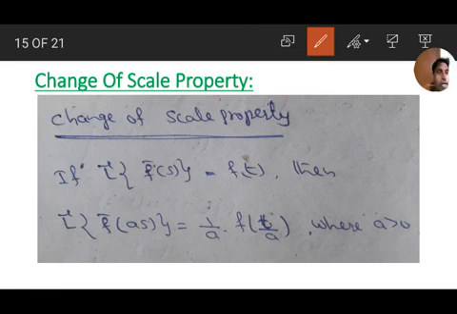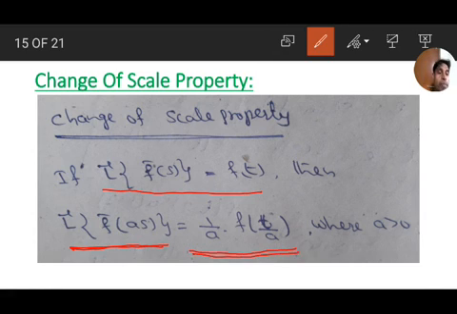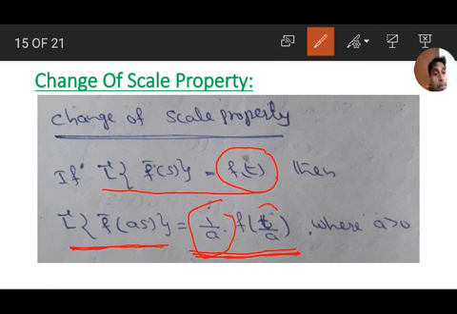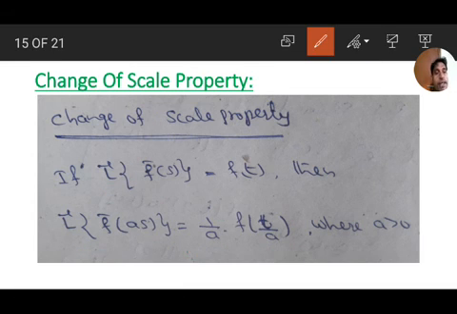I will repeat the change of scale property once again. If L inverse of f bar s equals f of t, then L inverse of f bar of as equals 1 by a into f of t by a. 1 by a into f of t by a means in f of t, replace t by t by a, and we get L inverse of f bar of as.